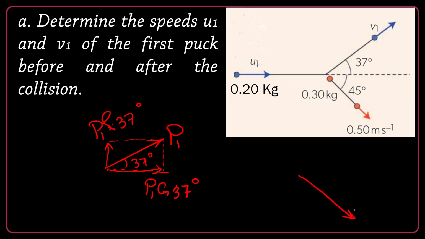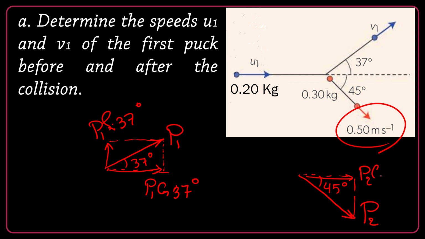Let's say this is P2, the momentum of the second puck after the collision. It makes an angle of 45 degrees to the horizontal, so it's P2 cosine 45 degrees and P2 sine 45 degrees. These are the components of the momenta.